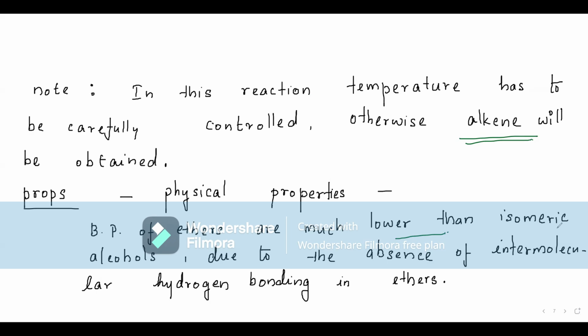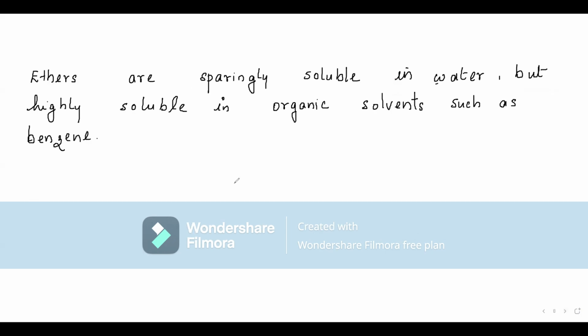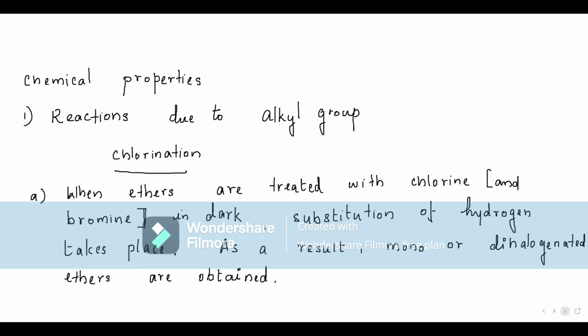The reason for the low boiling point of ether is that no hydrogen bonding is possible in ether, whereas hydrogen bonding is possible in alcohols. Moving on, ethers are less soluble in water, but they are readily soluble in organic compounds such as benzene.